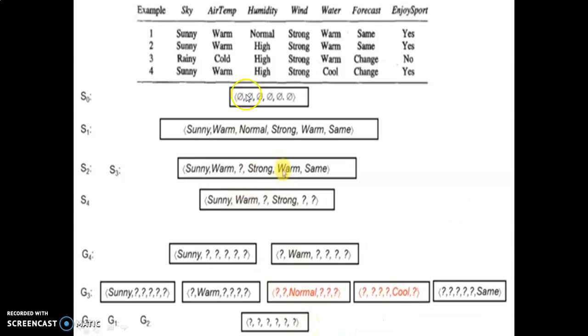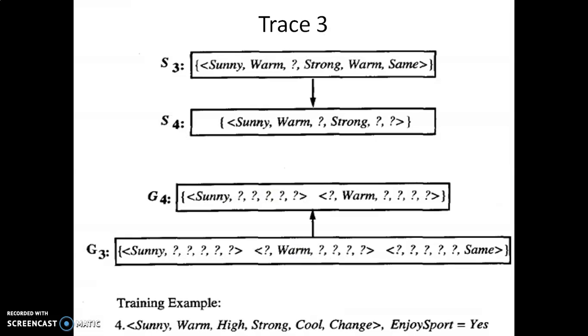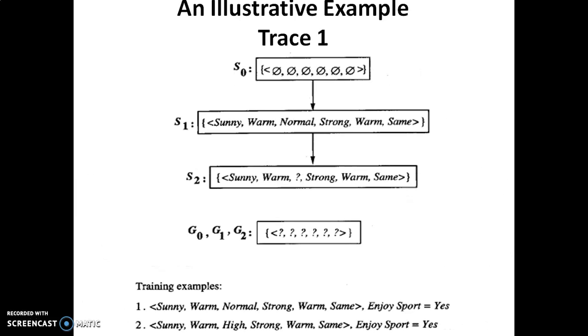Now based on these, we have to start bringing out the most specific and most general hypotheses. That is what we have done here in the first case. In both cases we have to consider each example, first for specific and then for general.